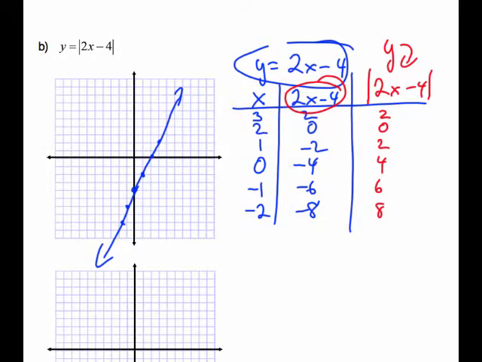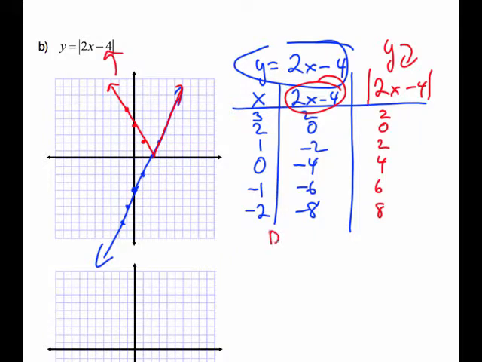So in terms of graphing, anything that has a positive y value doesn't change, so this stays the same. But anything with a negative y value, its new y value will be a reflection across the x-axis. And so the graph in red is our absolute value function.